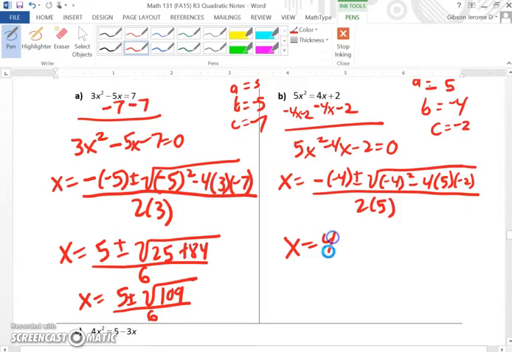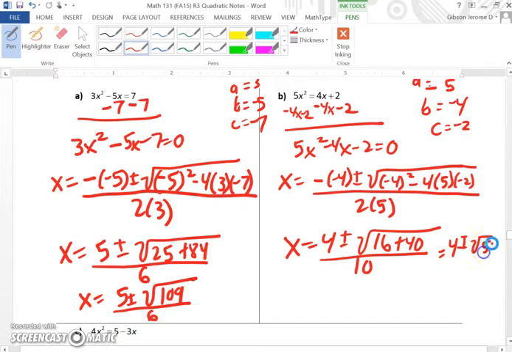So we will have x is equal to 4 plus or minus the square root of, this would be 16. Negative 4 times 5 is negative 20, times a negative 2 is a positive 40. All over 10. So now, this will give us 4 plus or minus the square root of 56, all over 10.